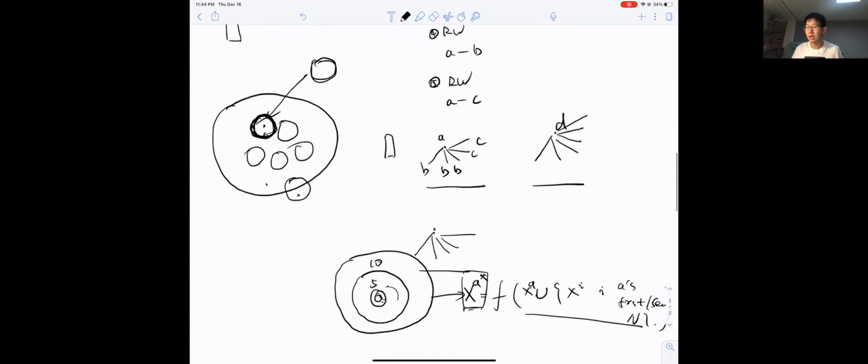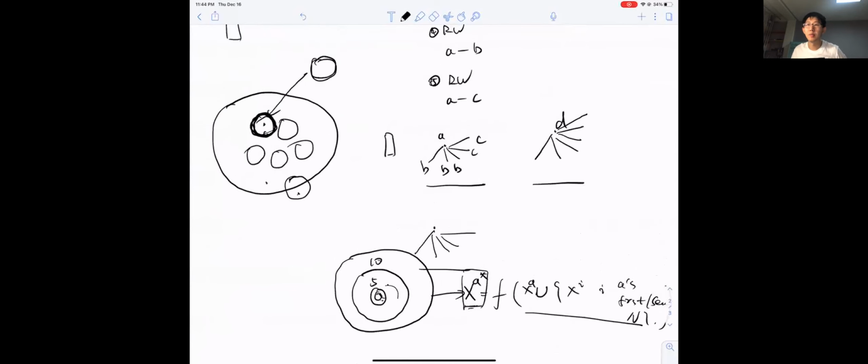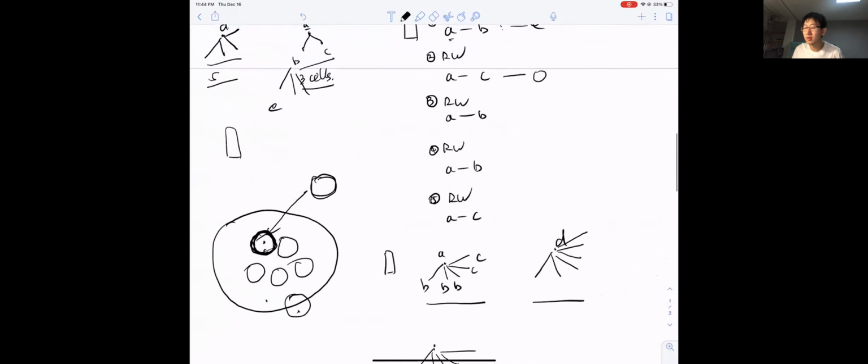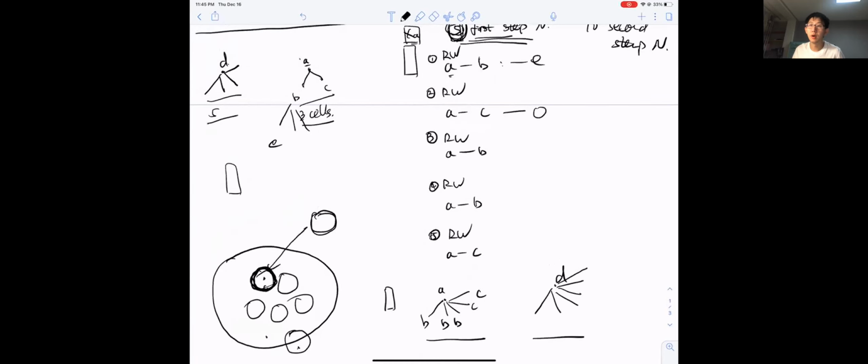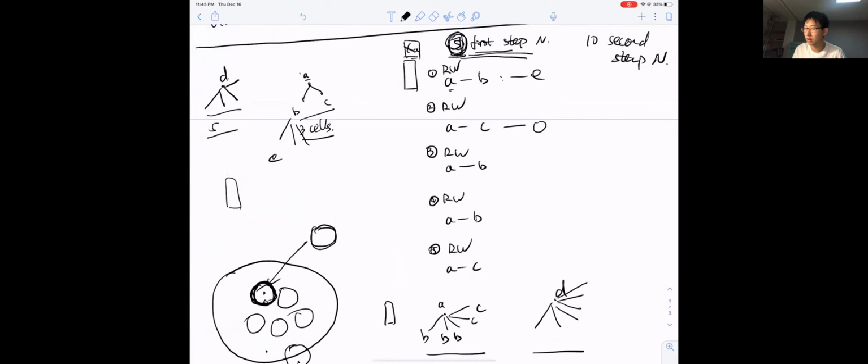So you can see that by using the random walk, you do not need to use the whole graph, and you do not even care about what the true neighborhoods of a cell are. You only use the random walk to generate the information of the neighborhood.